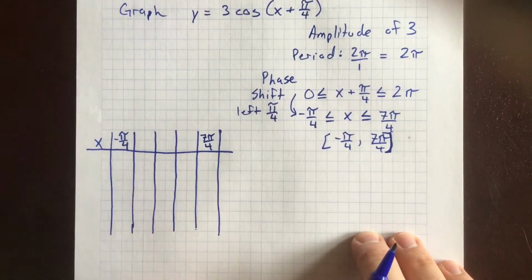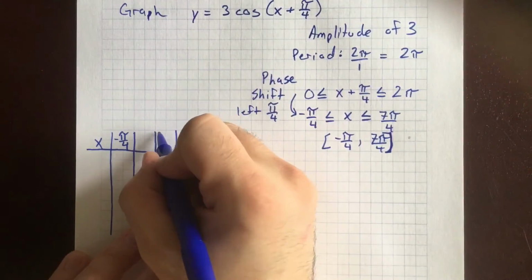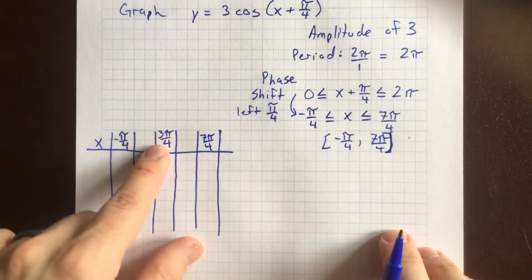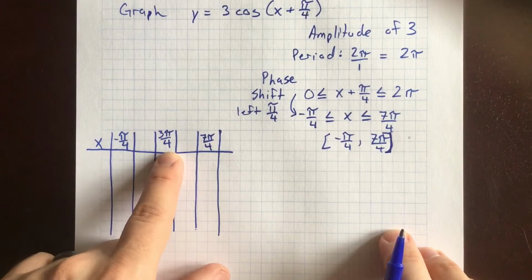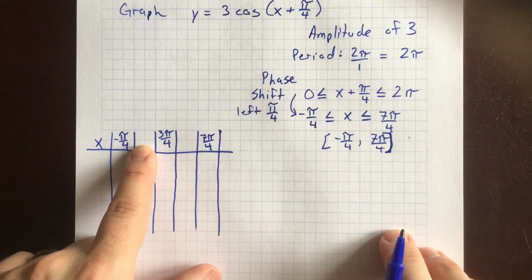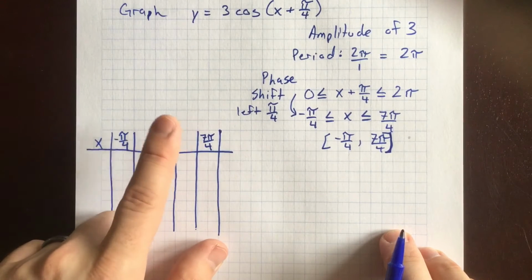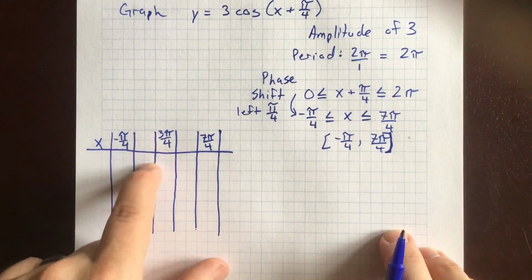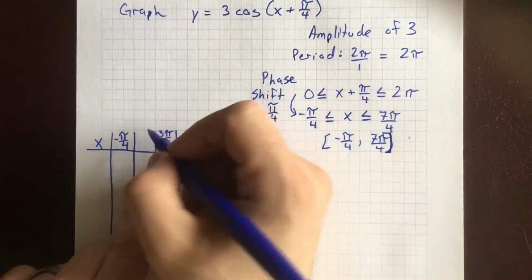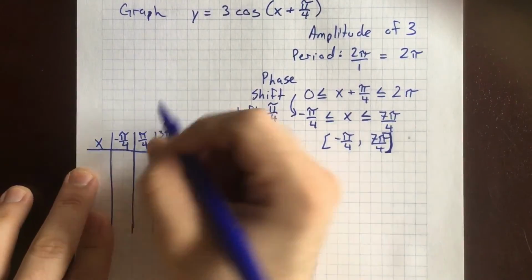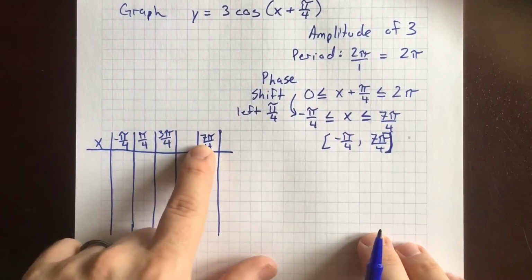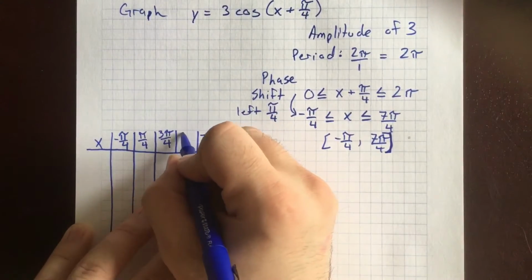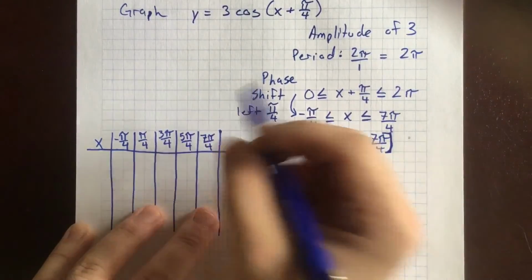Half of 6 pi over 4, I can divide 6 by 2, so it's 3 pi over 4. Our numerator was even, so I could divide it and leave the denominator the same. And then we have negative pi over 4 plus 3 pi over 4, so that's 2 pi over 4, which would end up being just pi over 4. And then 7 pi over 4 plus 3 pi over 4, it's 10 pi over 4, which dividing that by 2, 5 pi over 4.